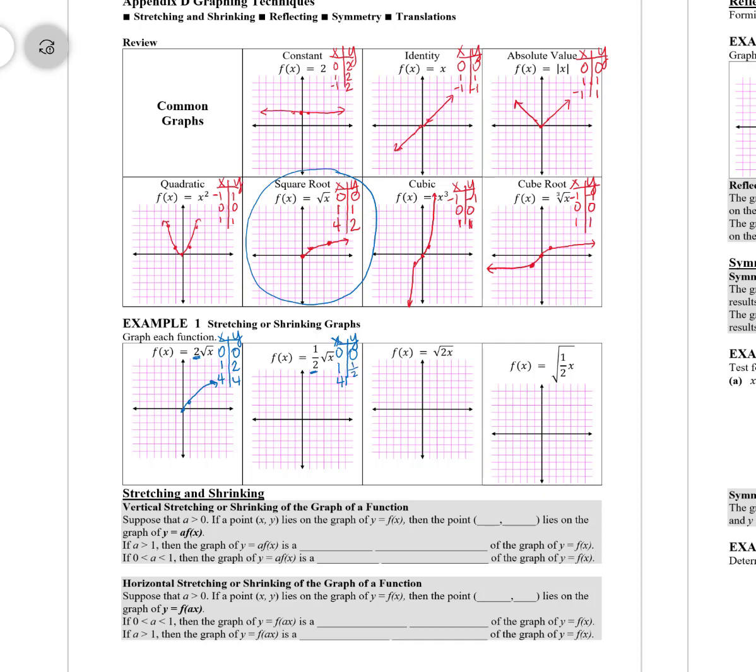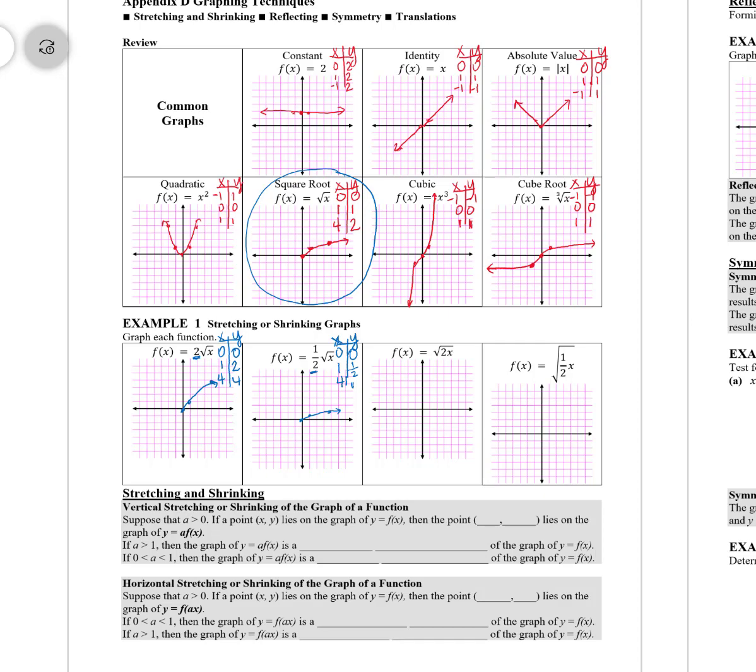And if we plug in 4, the square root of 4 is 2 times 1/2 is 1. So plotting these points, you can see that this is shrunk vertically. So this graph is shrunk vertically, and that 1/2 is what does it.